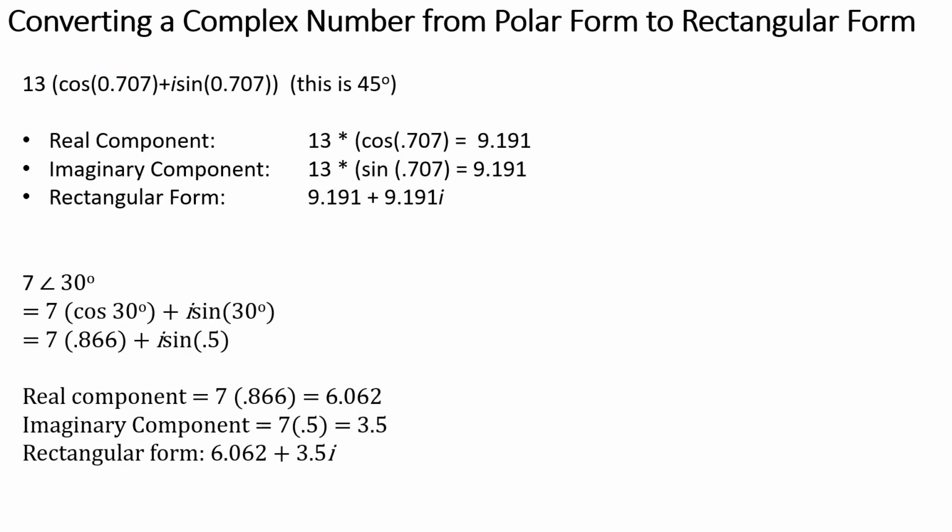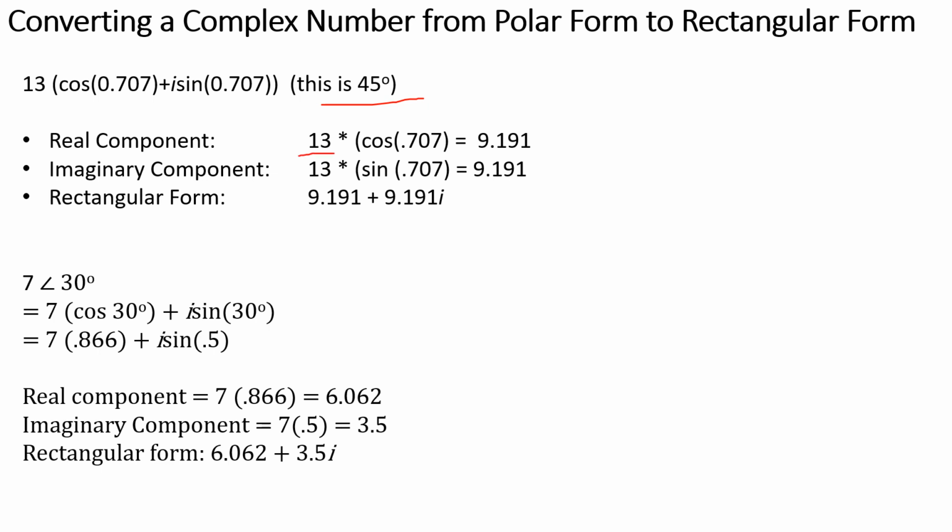Now we can go backwards as well. 13 cosine 0.707, i sine 0.707. And by the way, maybe you do remember, maybe you don't, the inverse cosine and inverse sine of 0.707 is 45 degrees. What's my radius? I can tell you this right here. My radius is going to be 13.